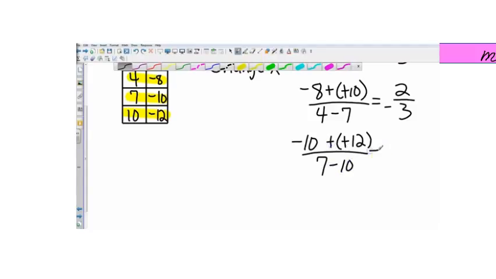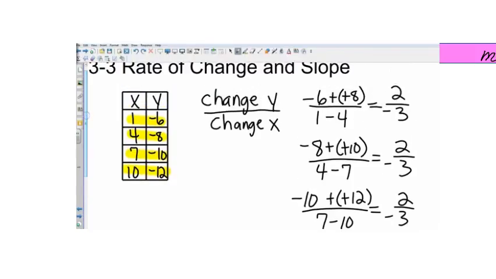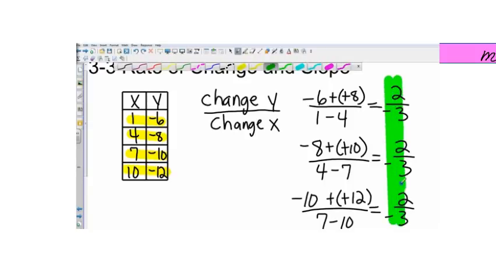Again, plus. That's going to give me -10 plus 12, which is 2, and 7 minus 10, which is -3. That tells me that this table is linear, because each rate of change is the same. All of those rates of change are the same. But you have to test each one of them.